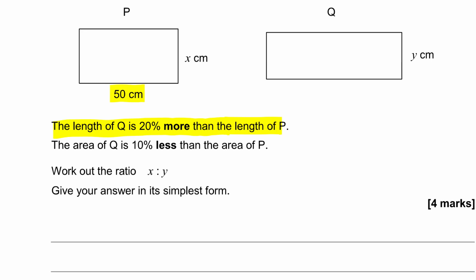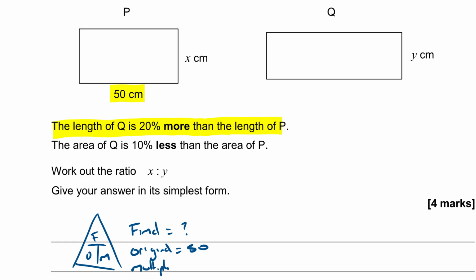I need to do a percentage increase. So percentages: F, O, M, final, original, multiplier. My final amount is the one I want to find. My original is what I'm starting with, which is 50, and my multiplier, now this is a percentage increase, so I start with 100%, I add on 20%, which gives me 120%, which is a multiplier of 1.2.